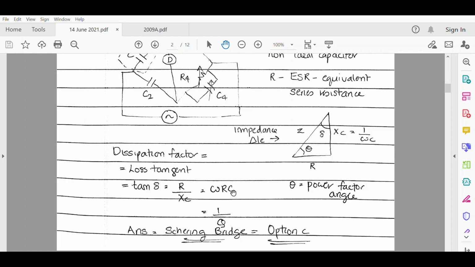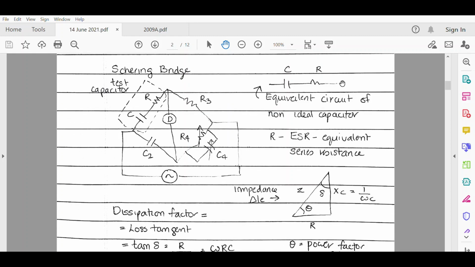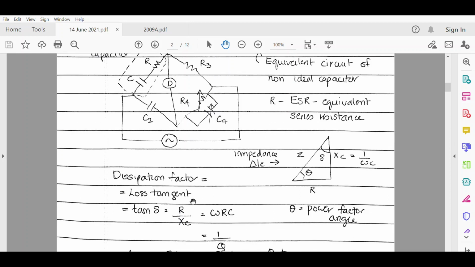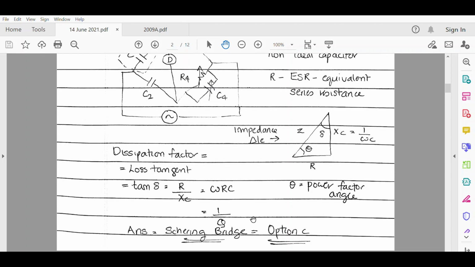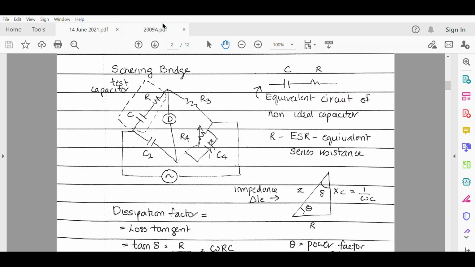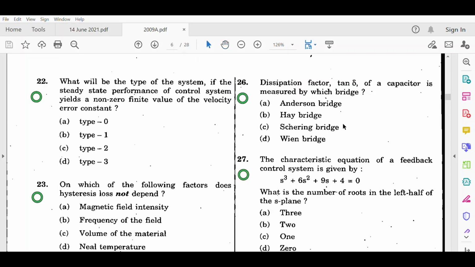Now the quality factor is equal to 1 by omega RC, provided the circuit is like this. So this loss tangent is nothing but the reciprocal of the quality factor. So these are some salient features of the Schering bridge. Now we'll just see our options, and in the options we have Schering bridge, option C, which is the correct answer.